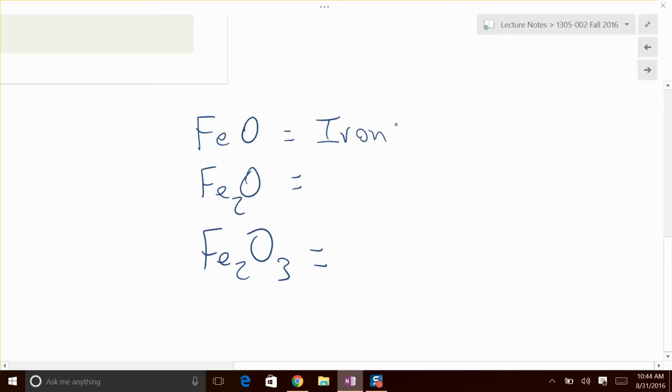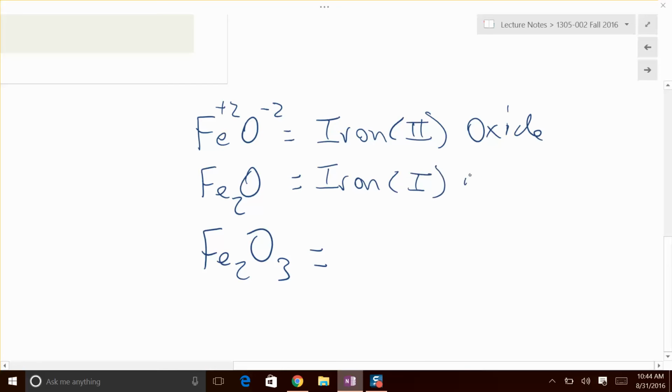Iron 2 oxide. Because this has a -2, so what does the iron have? Has a +2. What's the name of the next one? Iron 1 oxide.